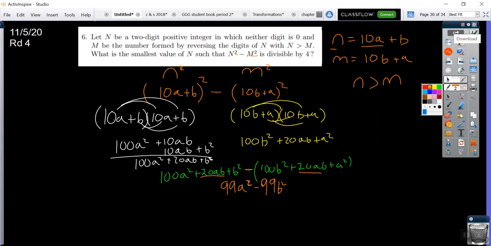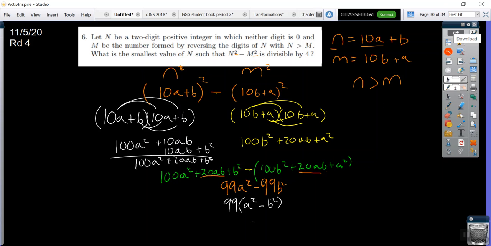So I can further simplify this into factored form, because we really have 99 times a squared minus b squared. How did I do this? Well, simple. 99 times a squared is equal to 99a squared. 99 times b squared is 99b squared.